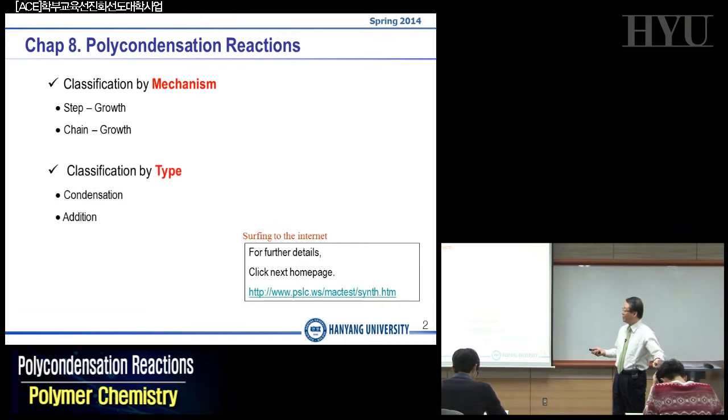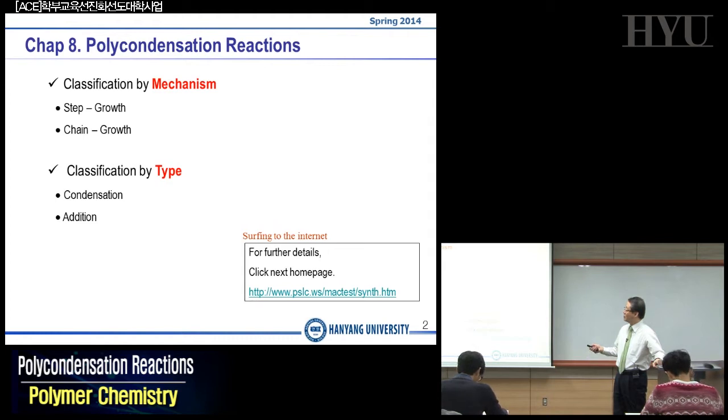You also know about condensation reactions and addition reactions. Condensation is different from addition reactions in terms of the production of byproducts in the case of condensation reactions. Addition reactions just add the monomers so that you do not have any byproducts. So we know about addition reactions and condensation reactions.